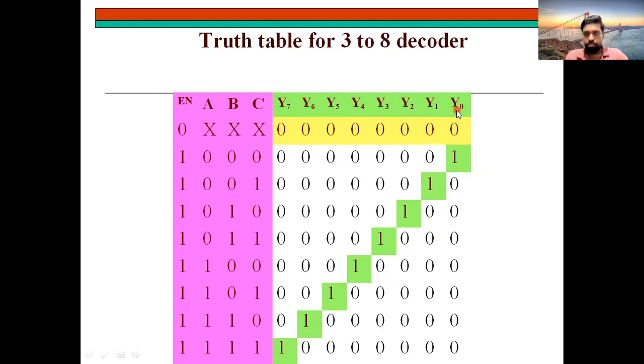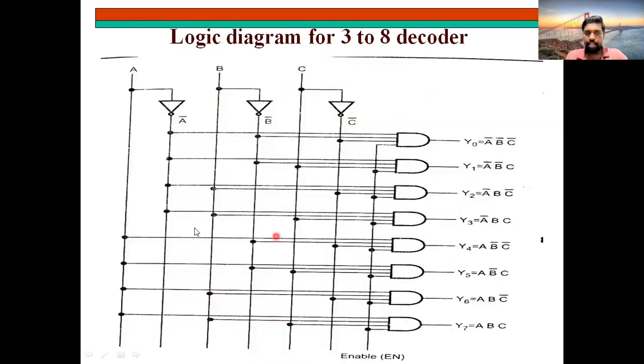Okay, now with the same condition, you can write equations for y0, y1, y2, y3, y4, y5, y6, y7, and you can draw the same diagram like this. Take A bar, B bar, C bar, and put one common line for enable. What is the equation of y0? A bar, B bar, C bar.